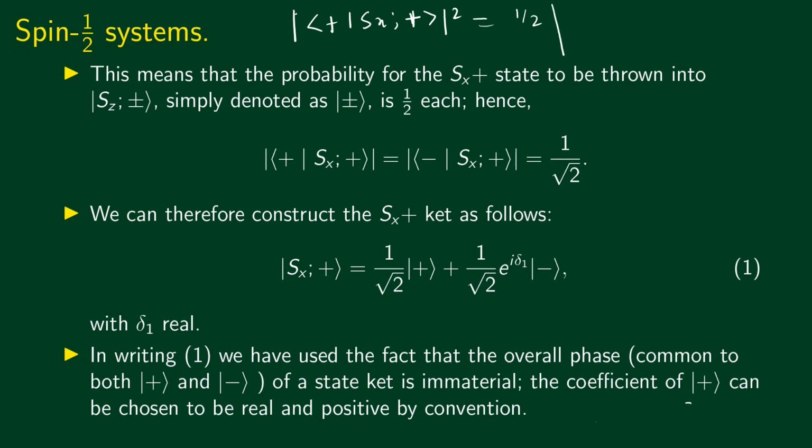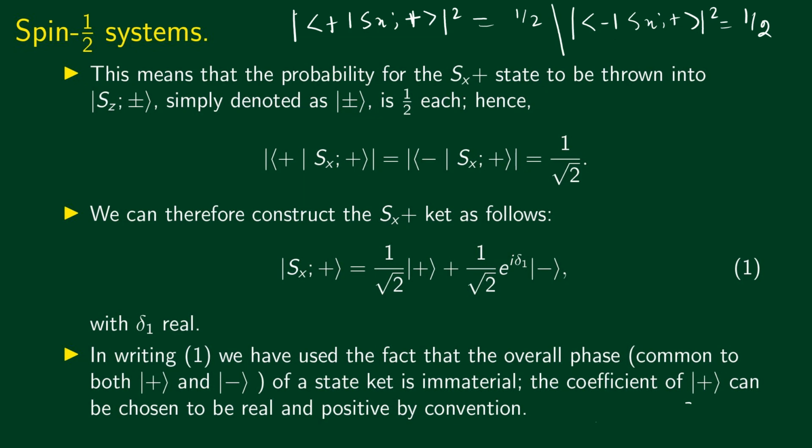We also have the modulus square of bra minus ket Sx plus. This is the theoretically predicted probability according to the probability postulate, and the measured probability is 1 by 2. These are the equations we have. So from these equations I can determine the coefficients: bra plus ket Sx plus as well as bra minus ket Sx plus. Or we can determine the component of Sx plus along ket plus, and the component of Sx plus along ket minus.